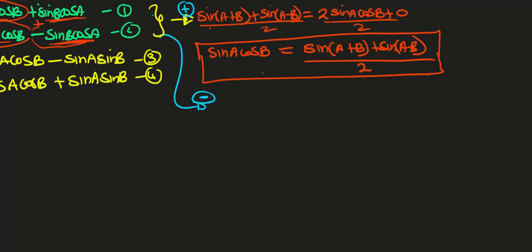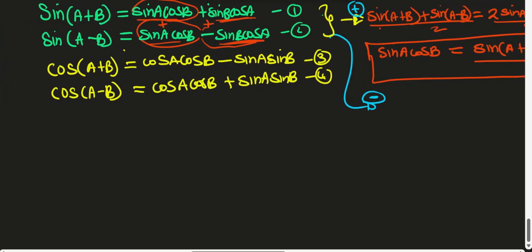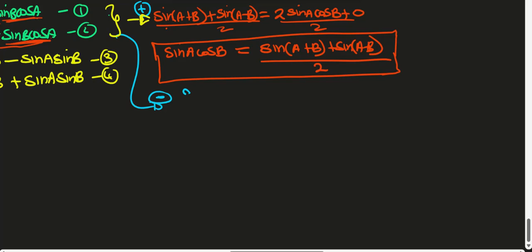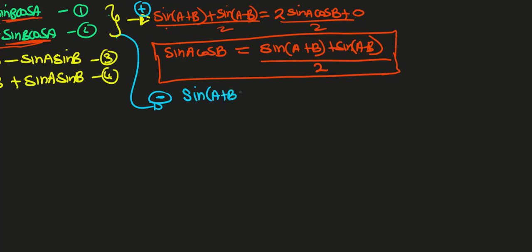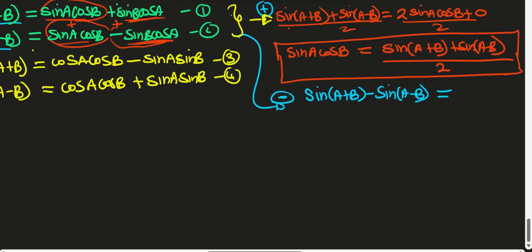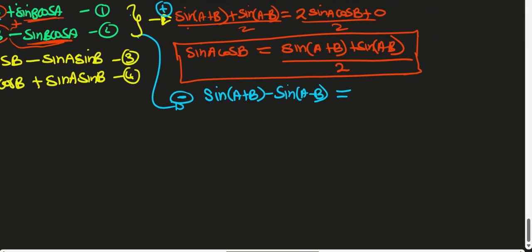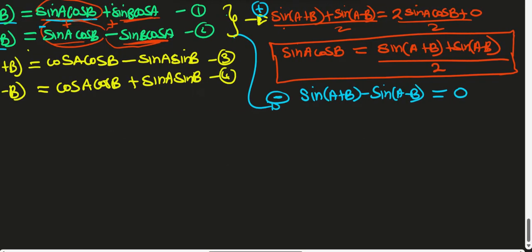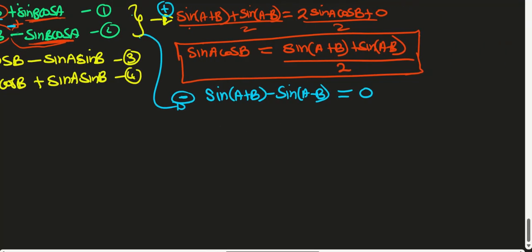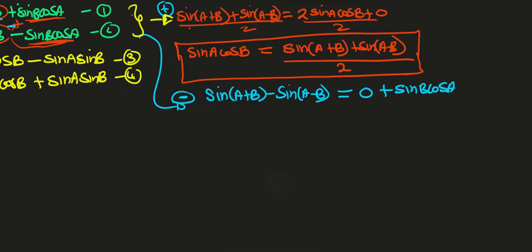If we subtract the very same equations, it will be sine A plus B minus sine A minus B, and all of this will be equal to sine A cos B minus sine A cos B, which gives us 0, and sine B cos A minus minus sine B cos A. Minus and minus becomes positive, so it becomes plus sine B cos A. Very nice.